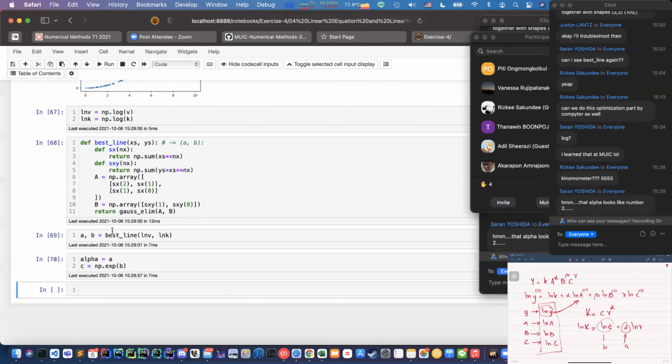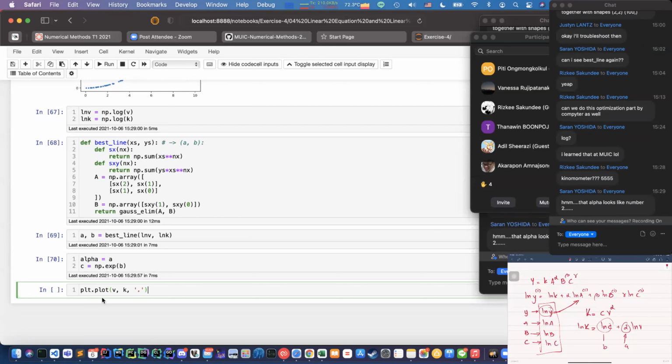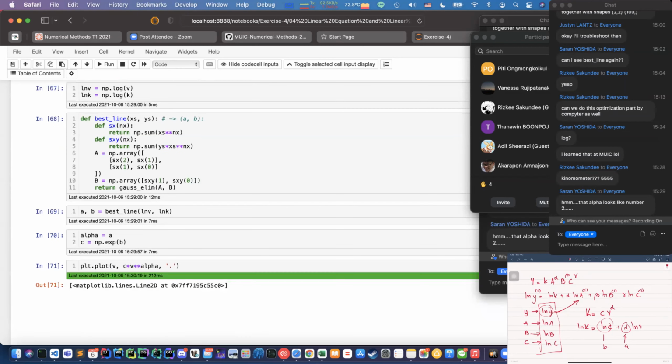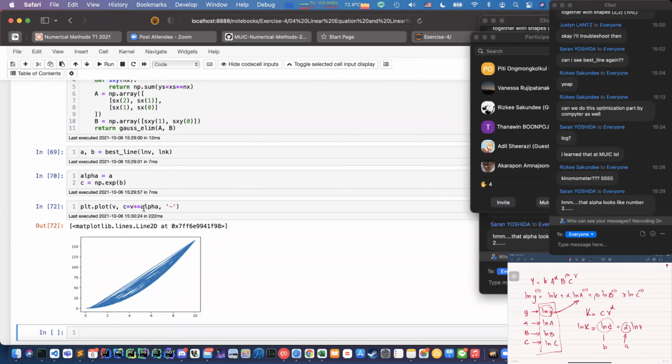Then you can plug in C times V to the alpha. I don't know if it does the right thing, let me guess it does.